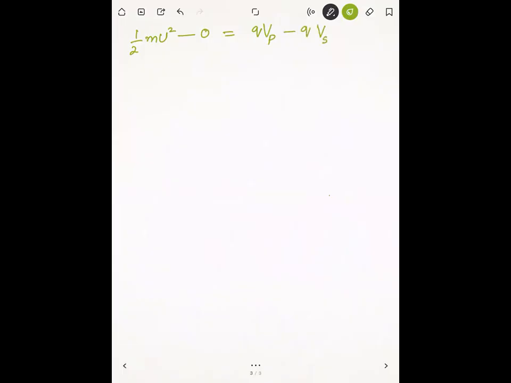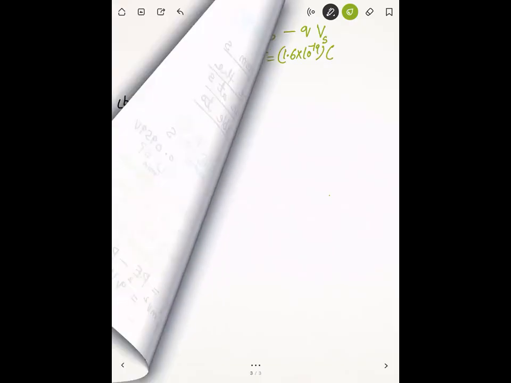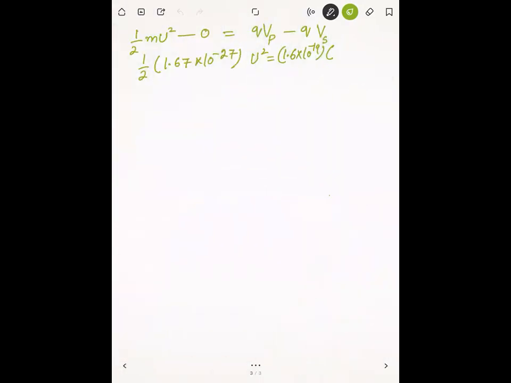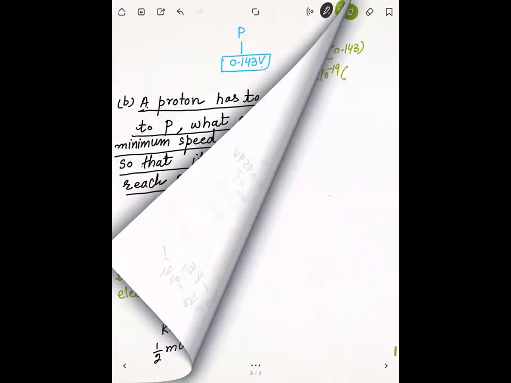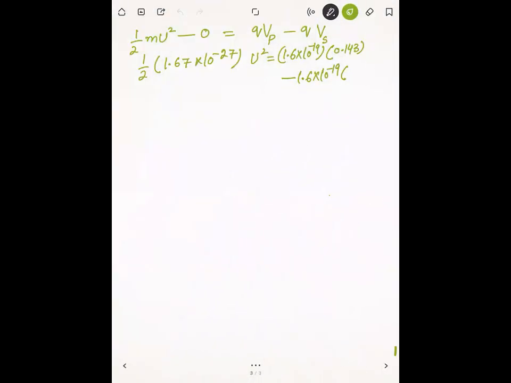Now let's substitute the values. 1 over 2 into mass of proton, which is given in the exam on the first page in constants, 1.67 into 10 power minus 27 into u square is equal to the charge of proton, 1.6 into 10 power minus 19, times potential of point P, which is obviously 0.143, minus 1.6 into 10 power minus 19 into potential of point S, which is 0.0959.